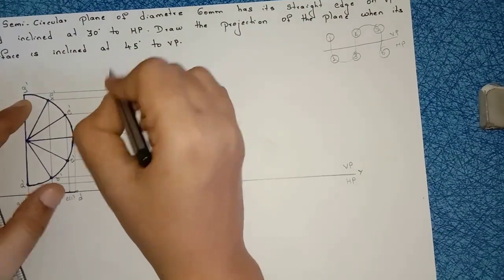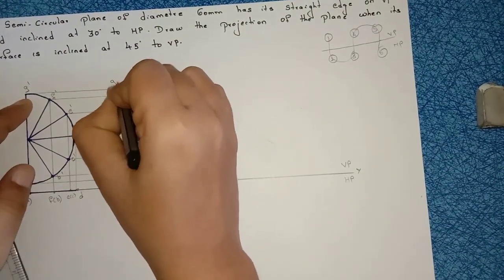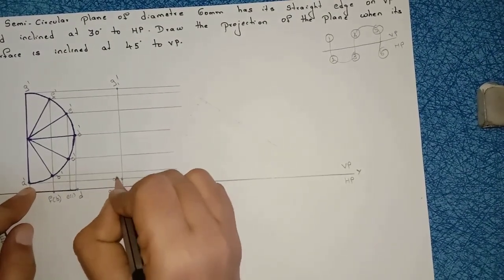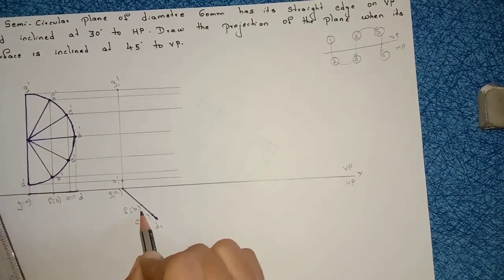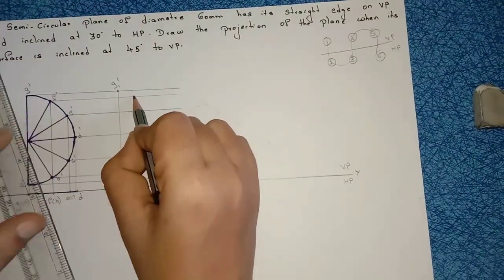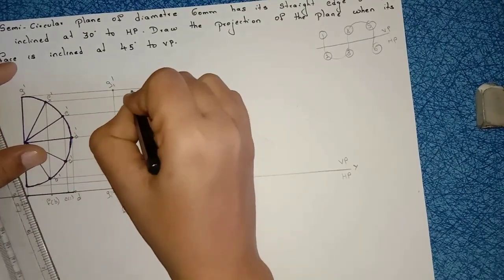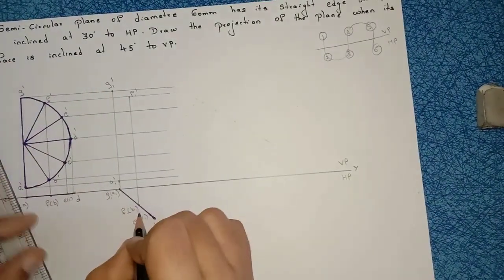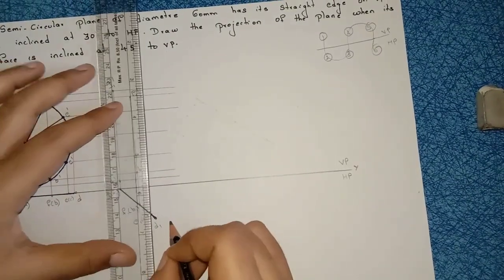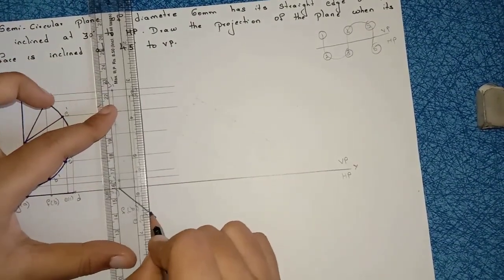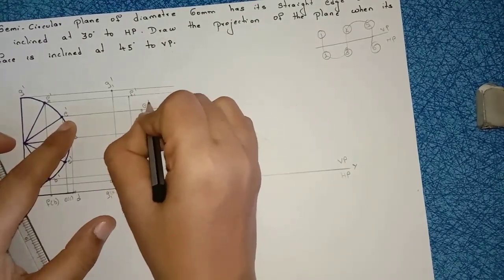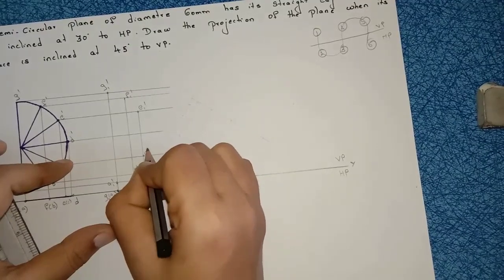G to G, I will name this point as G1 dash. Next A to A, I will name this point as A1 dash. Next F of B. From F, I will project a line till F point and I will write this point as here F1 dash. Next B point is there, I will write here B1 dash. Right, then next E to E. I will write this point as E1 dash and I will write this point as C1 dash.